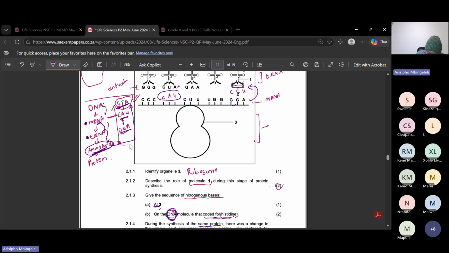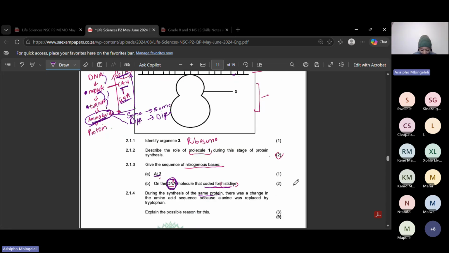If the same amino acid is formed, that means there'll be the same protein that is formed. If you don't understand this, you need to go back to the lessons. The links are still there on each group. But if an amino acid that is formed here is different, that means the protein that is going to be formed will also be different, because the protein formed is dependent on the sequence of amino acids. I did this lesson. I'm sure other people can remember.